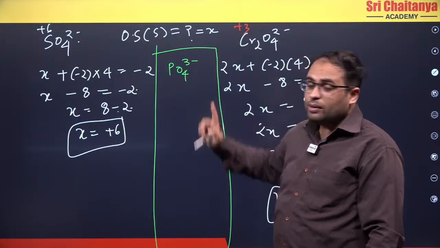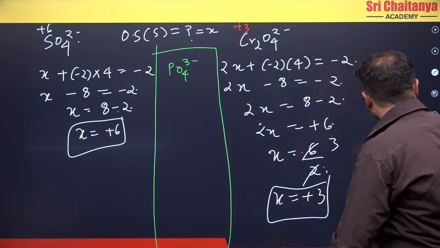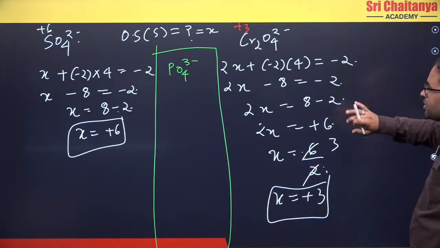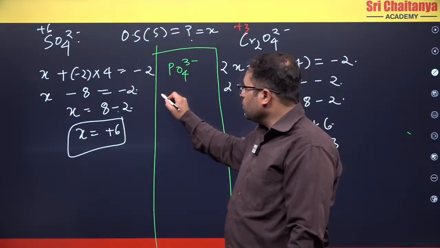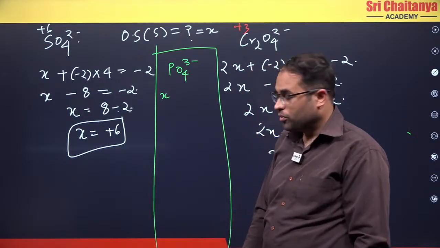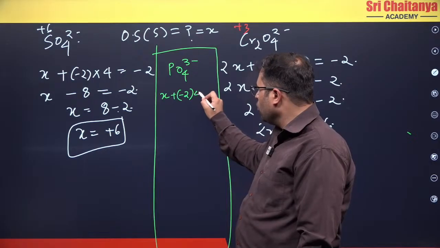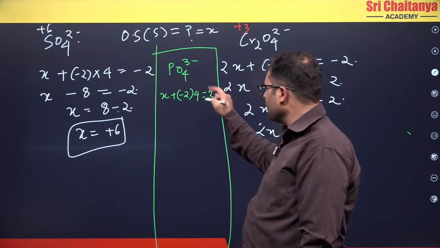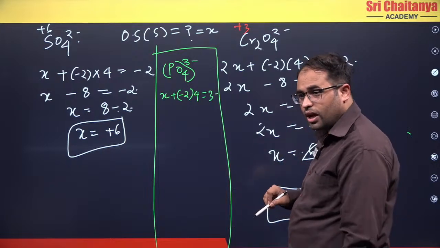Tell me, PO4 3-, the oxidation state of phosphorus in this. What is the oxidation state of phosphorus in this? Phosphorus, you will let it as X, right? Each oxygen, minus 2, 4, total charge is 3 minus. Remember, this 3 minus is on the total thing, not only on oxygen, right?